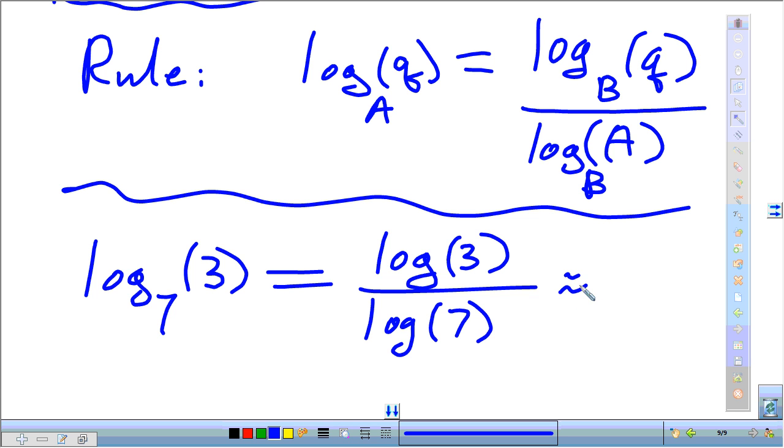And this comes out to approximately 0.564575. So a little conversion between bases. The same thing would be true if we used the calculator ln. This ratio, if it's the same base, is always going to be the same number.